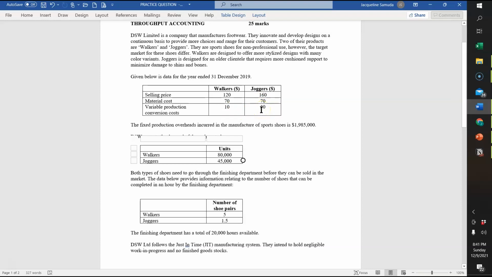And that variable cost will then be subtracted from the selling price in order to work out the contribution margin, which is a piece of data in the marginal costing approach. So when we go into the calculations, which I will do in a few minutes, you will see the distinction, how the figures are applied.